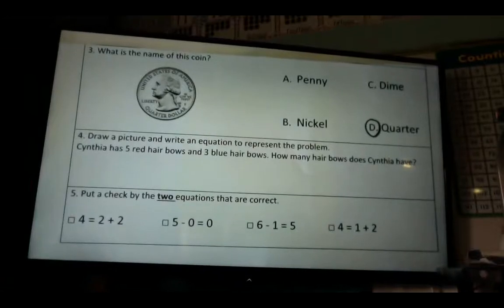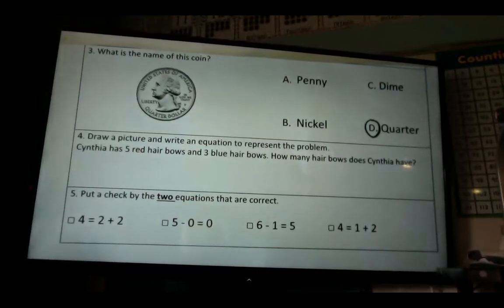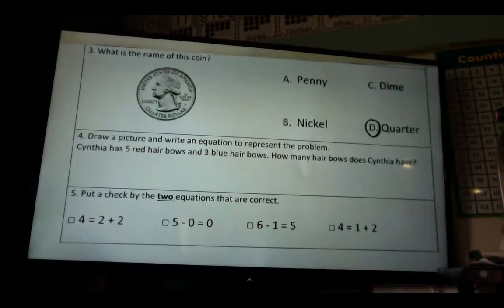Cynthia has 5 red hair bows and 3 blue hair bows. How many hair bows does Cynthia have? Let's read it again. Cynthia has 5 red hair bows and 3 blue hair bows.